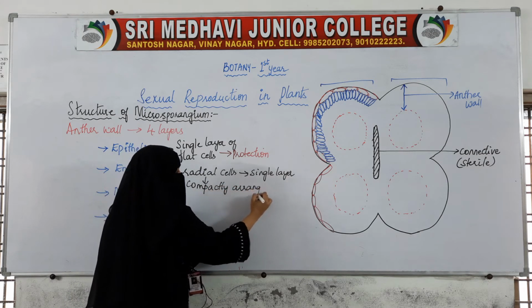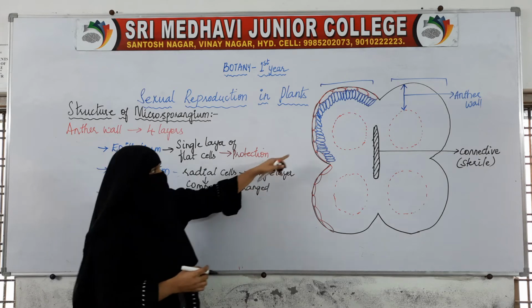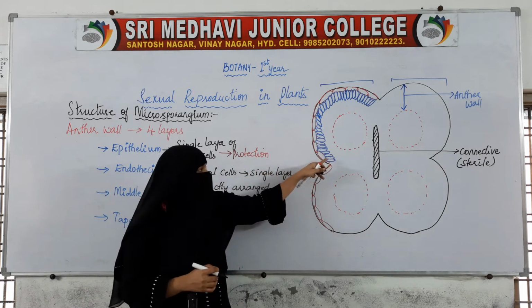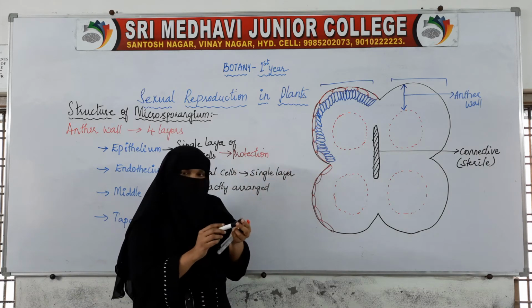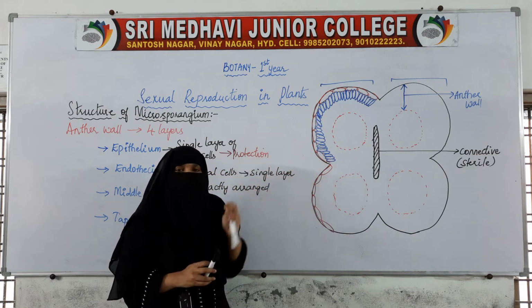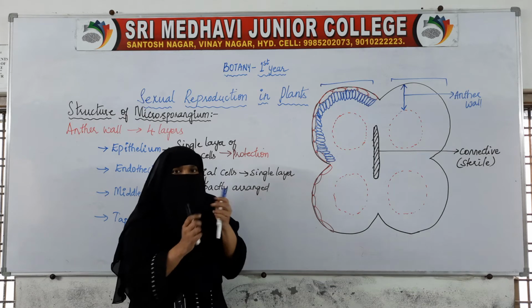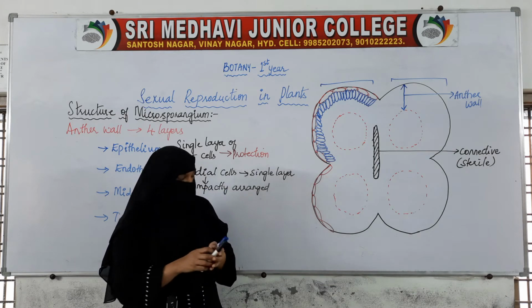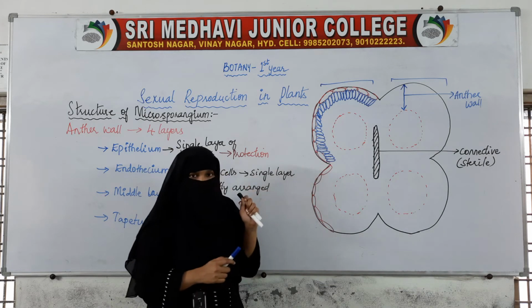So this is the second layer, which is the endothecium, made up of a single layer of radial cells that are very tightly arranged.